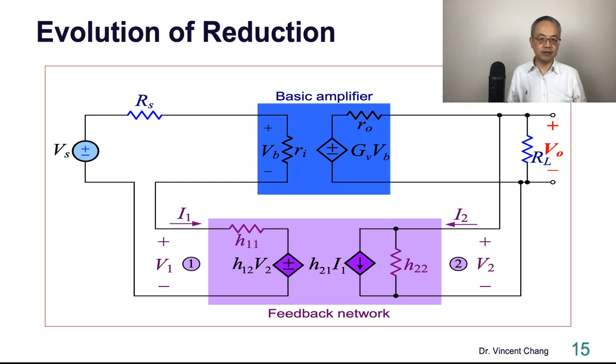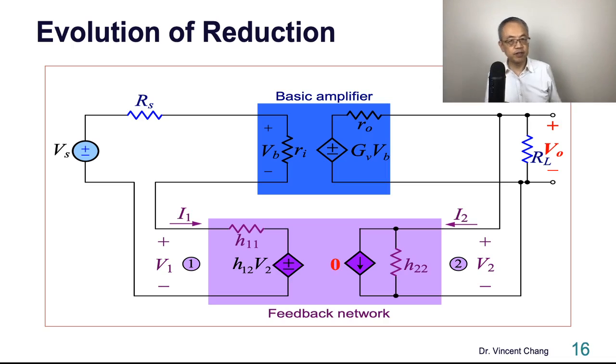We can neglect the forward transmission of the feedback network. So let's assume H21 is 0. It's an assumption, an approximation, but it's acceptable for most cases.